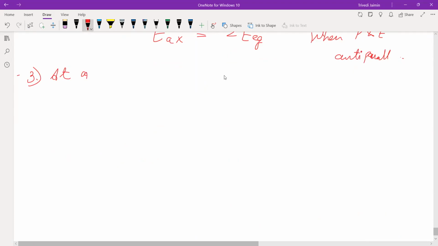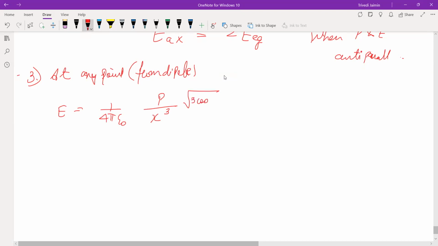Third one, at any point, for a dipole: 1 by 4 pi epsilon naught, P by x cube, times square root of 3 cos square theta plus 1. So let me draw here.